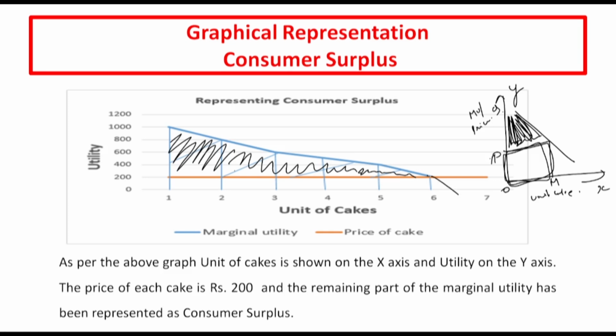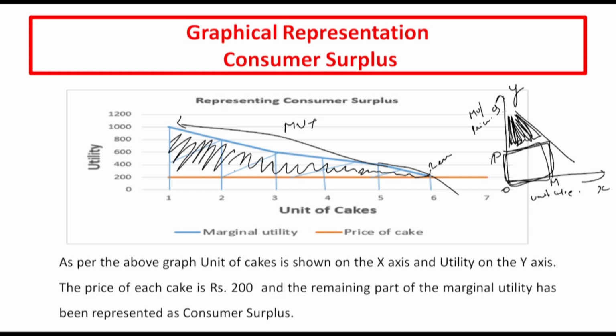Okay? So your marginal utility, as I already told you, is of three types: positive, zero and negative. So from this point to this point, your marginal utility was positive. At the sixth unit, where consumer surplus is 0, that means your marginal utility is 0.